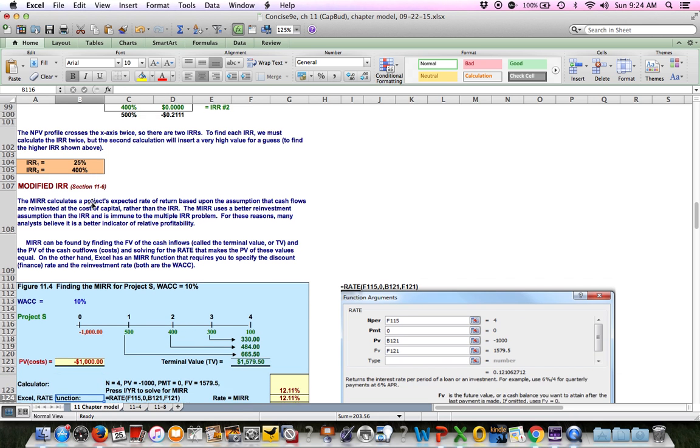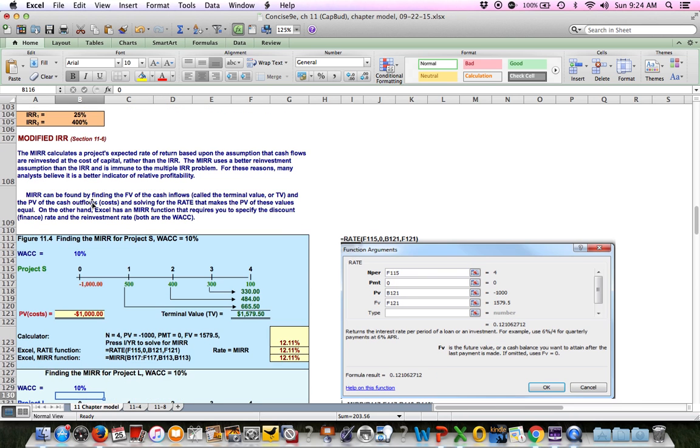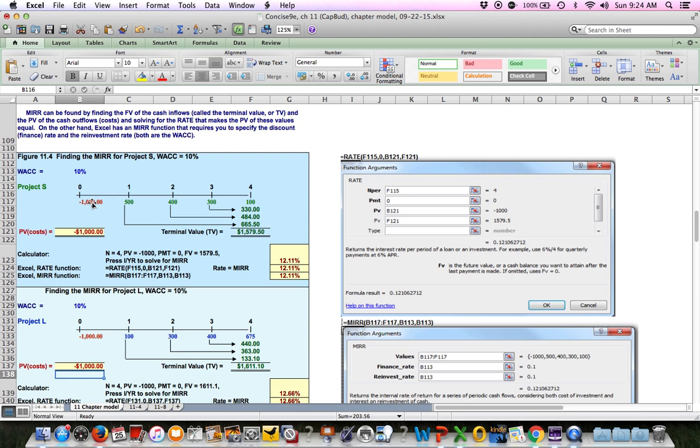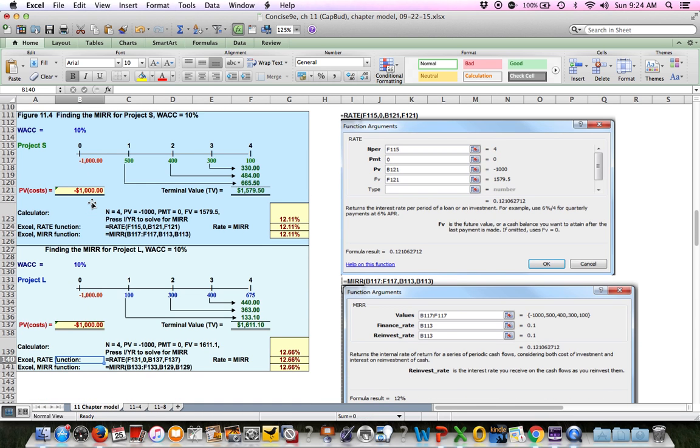Okay, so MIRR, if you remember the PowerPoint, what we do is we calculate the terminal value of the cash flows. The terminal value is the future value of the cash flows in the terminal year, the last year of the project. So for Project S, it was a -1,000, with positives of 500, 400, 300, and the fourth year was 100.